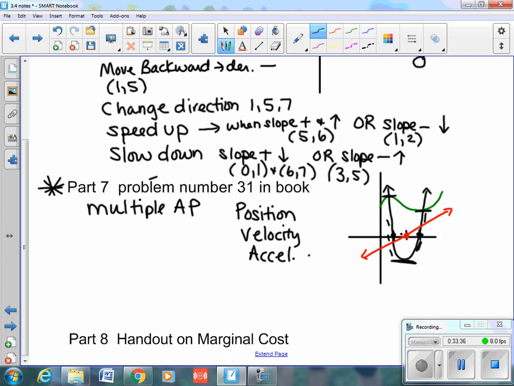So which one is the position graph? Isn't it the green one? This is the position graph. Because this one is this one, and then the parabola, which is right here, is the velocity graph. And then the little red line is the acceleration.